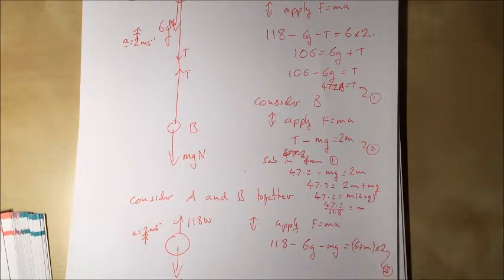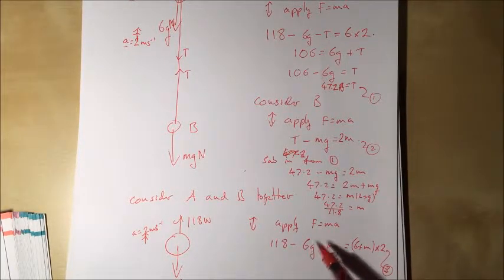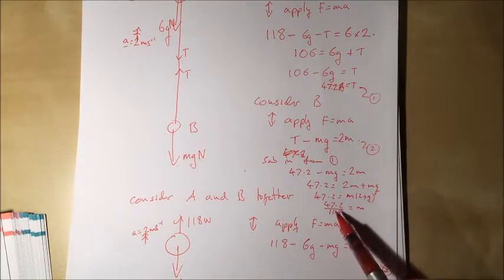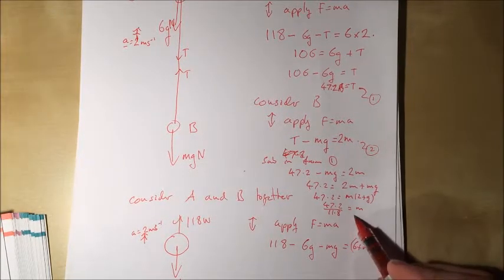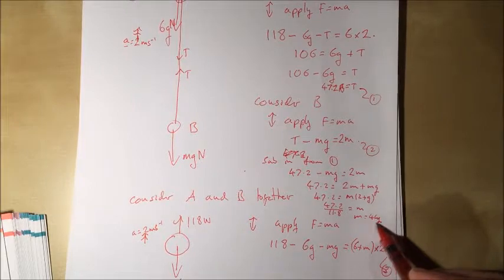I remember from when I just looked in the back of the book that m was supposed to be 4 kilograms. 11.8 times 4 is 47.2, so yes, m equals 4 kilograms.